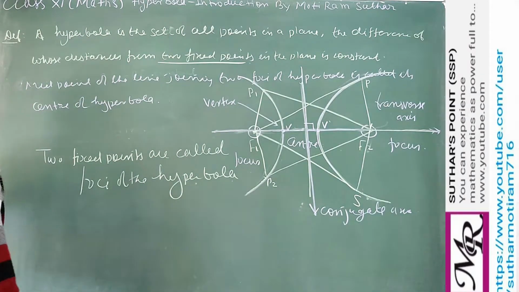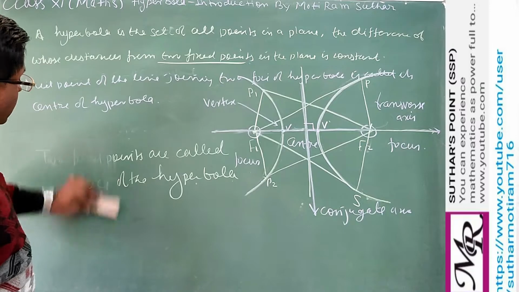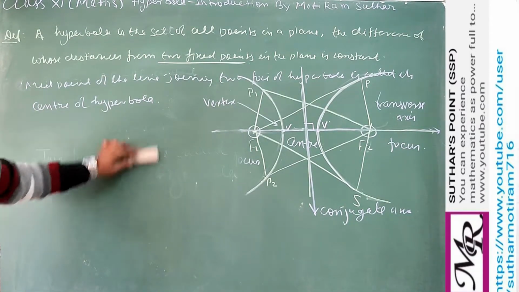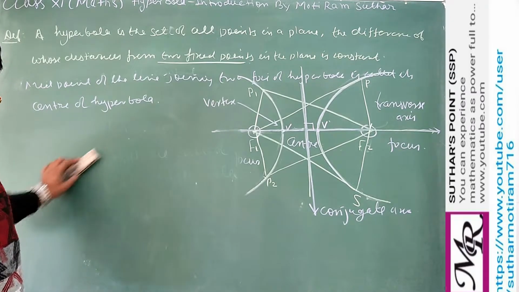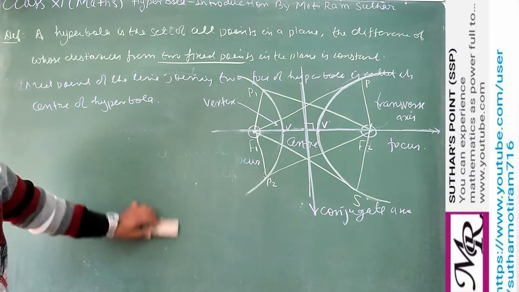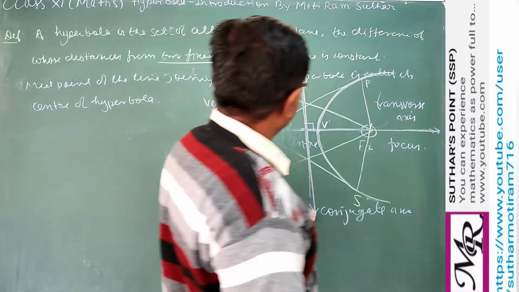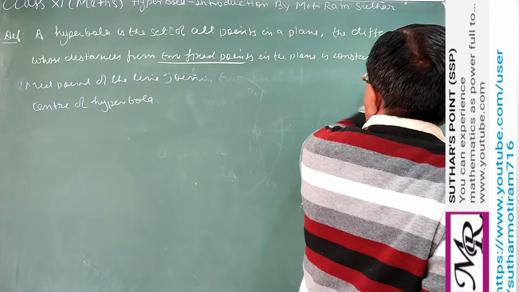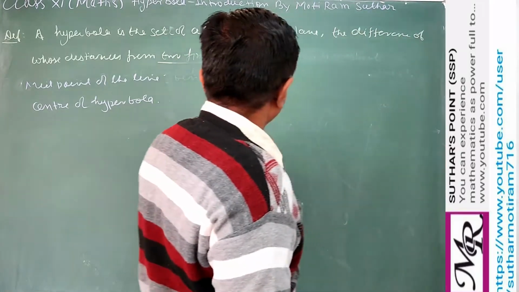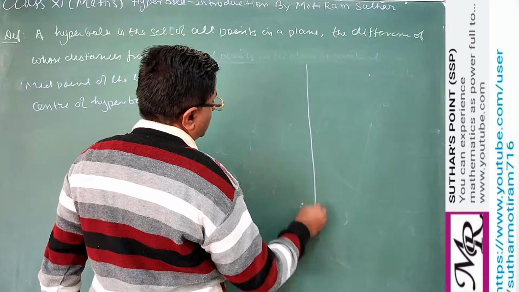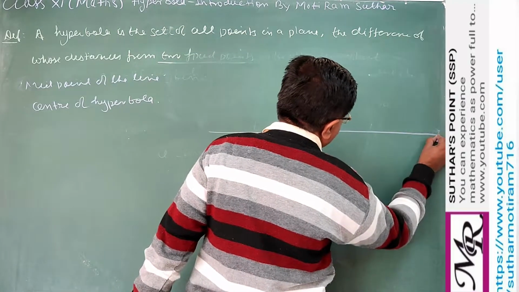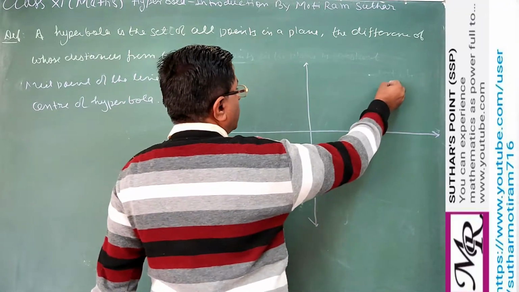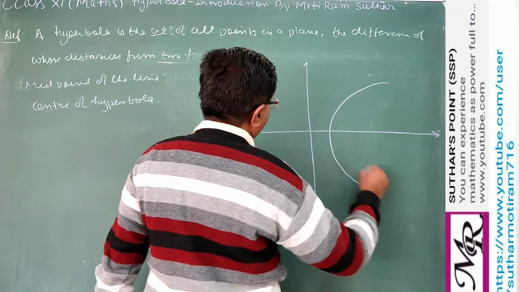Now also we use some symbols, as in the case of the ellipse. Here also we take some symbols. We may draw this figure again clearly. So this is the conjugate axis, this is the transverse axis, and this is the hyperbolic curve.